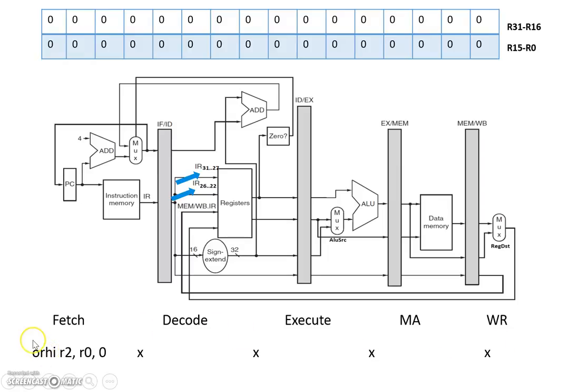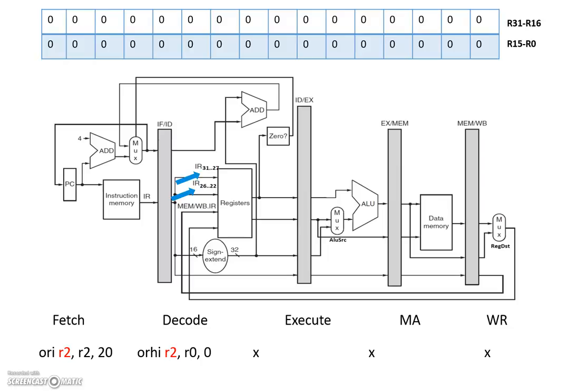First instruction will be ORHI R2, R0, R0. It will be passed on to the next stage at the next clock edge. Now in the next clock edge, PC increments and IR will have the second instruction, ORI R2, R2, 20.